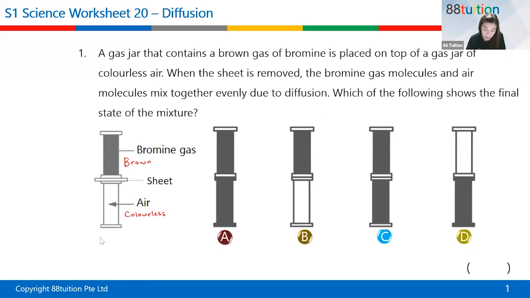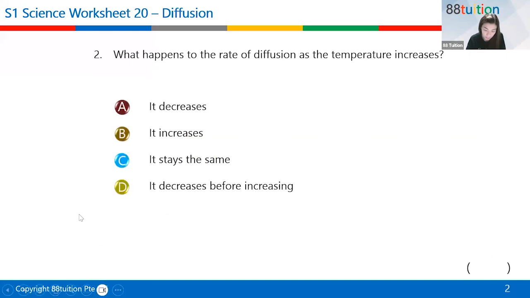Okay, so we know that answer is C over here. So what happens to the rate of diffusion as the temperature increases? We saw the video, it talked about the factors that affect the rate of diffusion. When temperature increases, what happens to the particles?